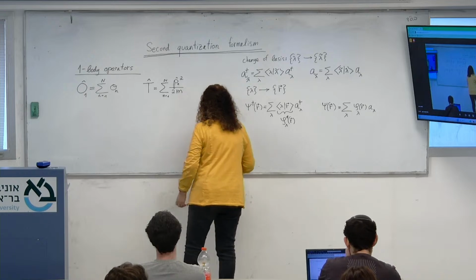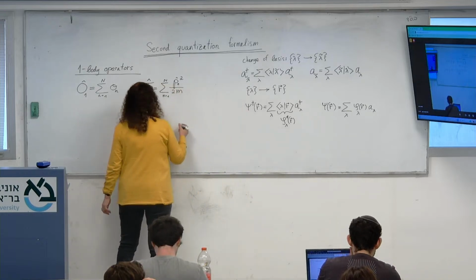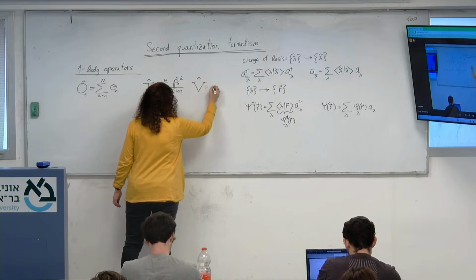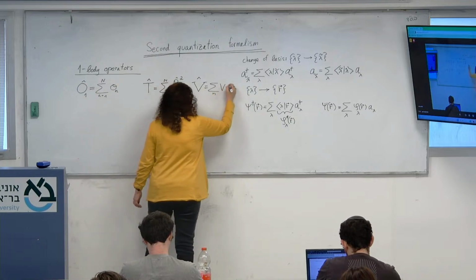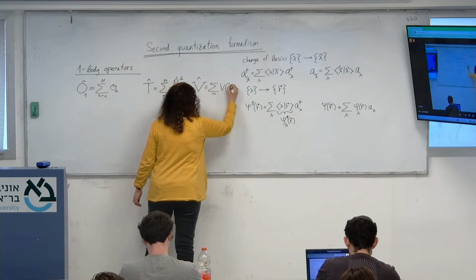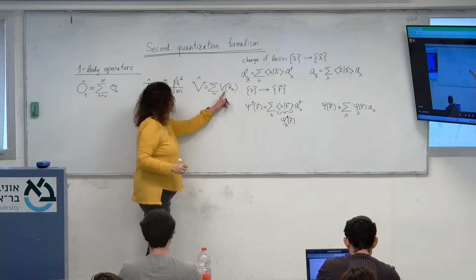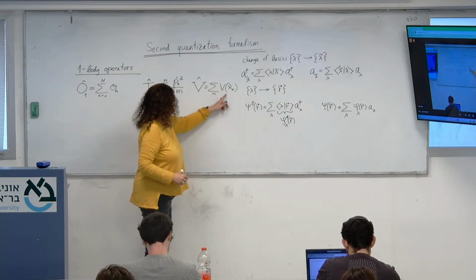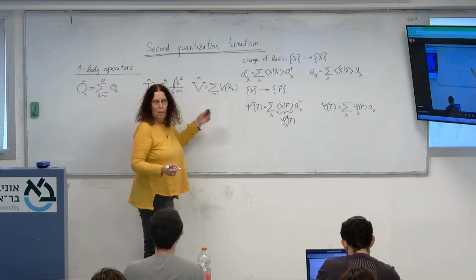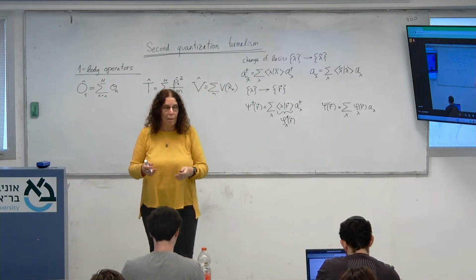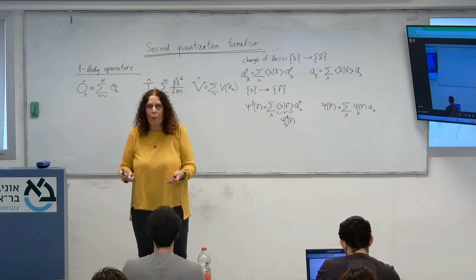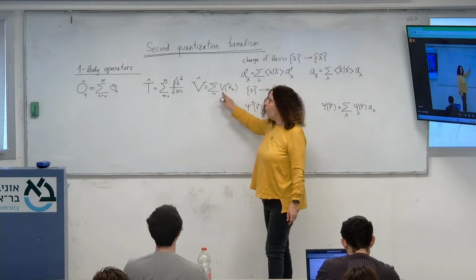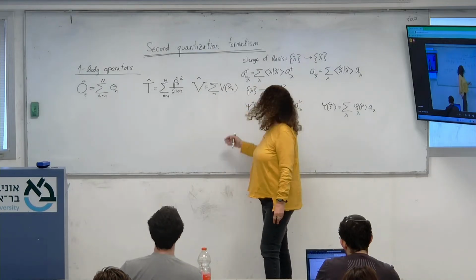Okay, and another example for a one-body operator is the total potential energy, which we can write as a sum over n of V of x_n. V is some potential, and let's assume you have a set of particles in some external potential, and all of them see the same potential. However, the values of V depend on the coordinate, right?